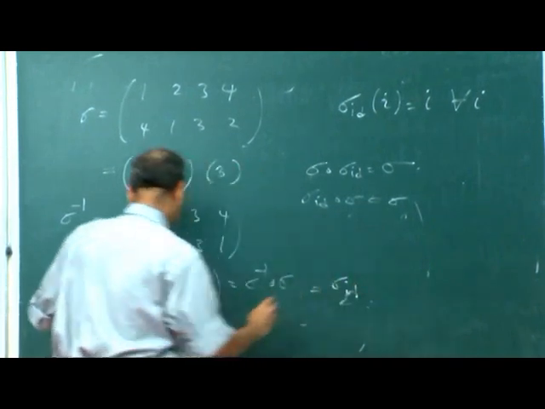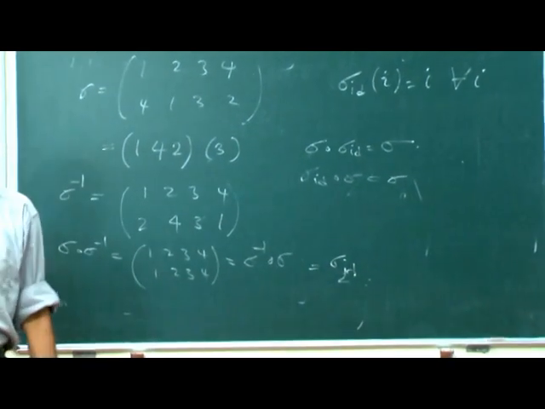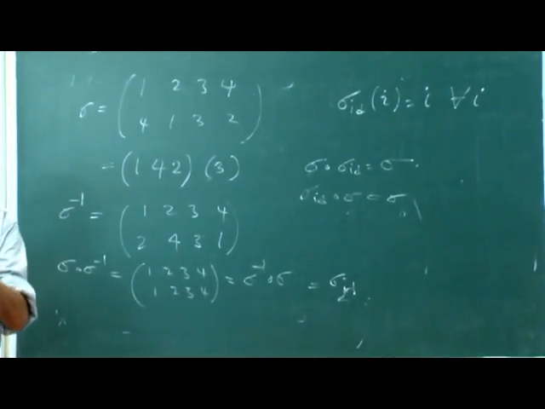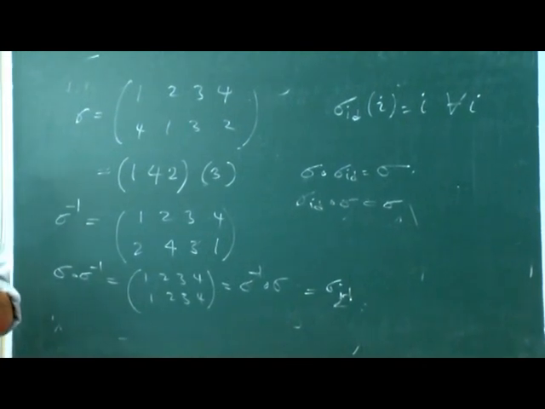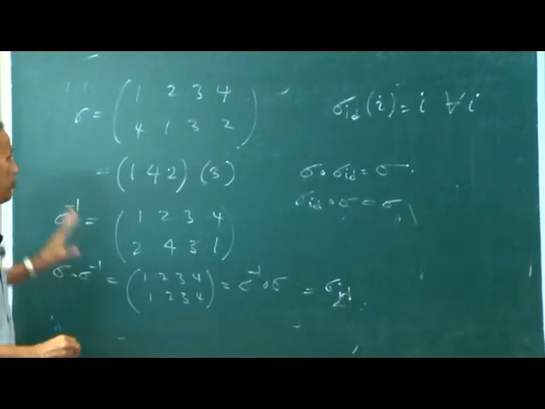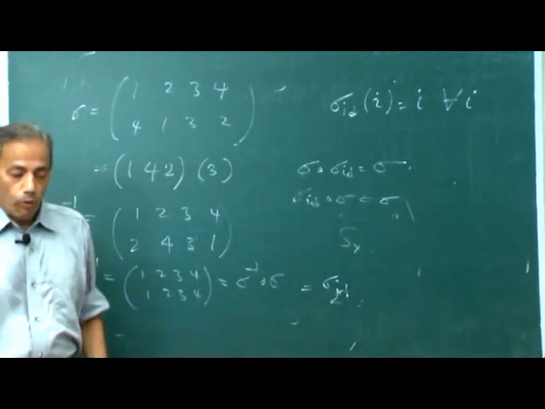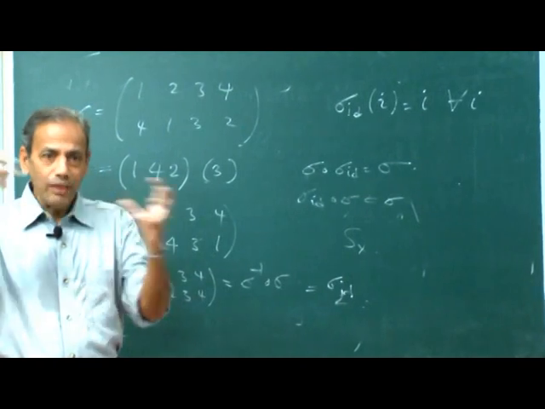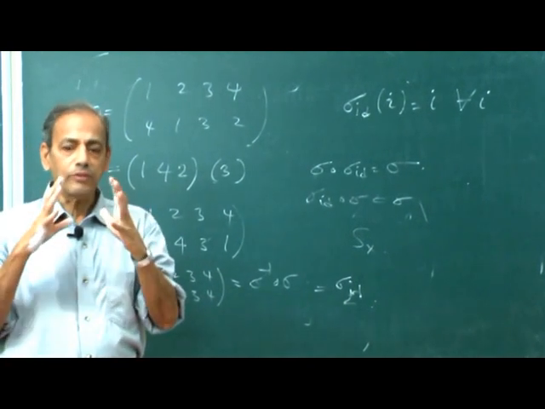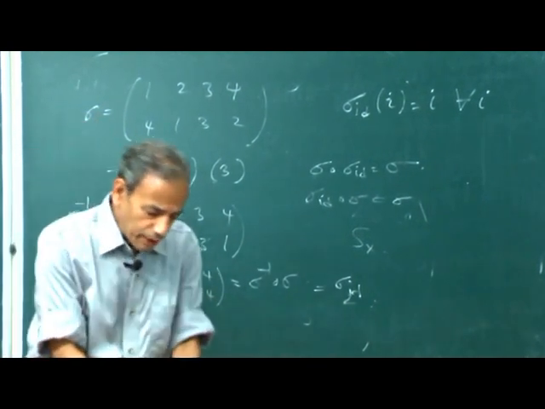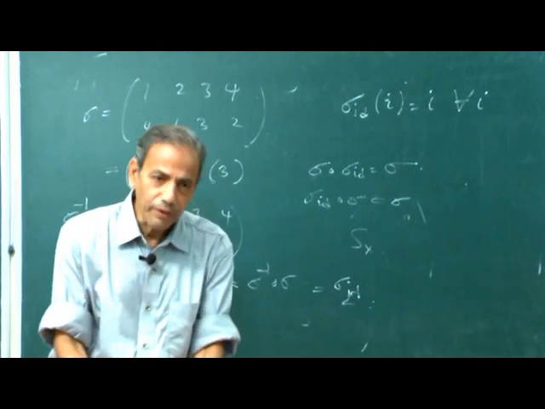You can see that this is an identity permutation. So these are the properties of the set of all permutations on a set X, which we have denoted by S_X.